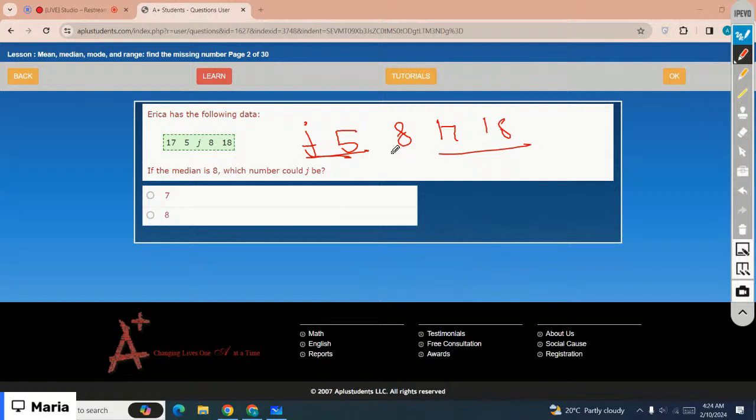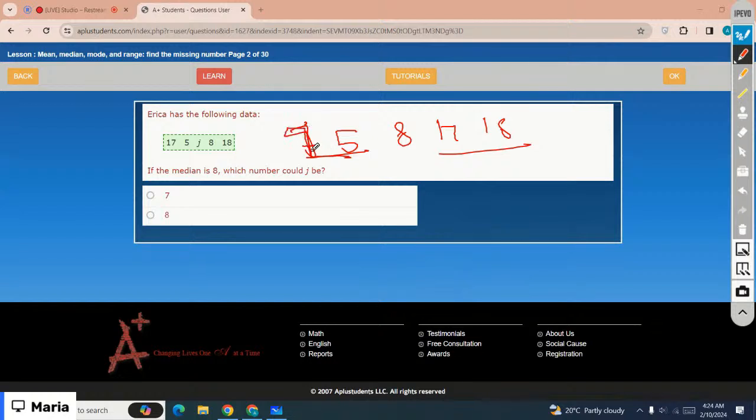Which is J? On this side you have all the numbers that are less than 8, right? That means the missing number is one that is less than 8. 7 is less than 8, right?